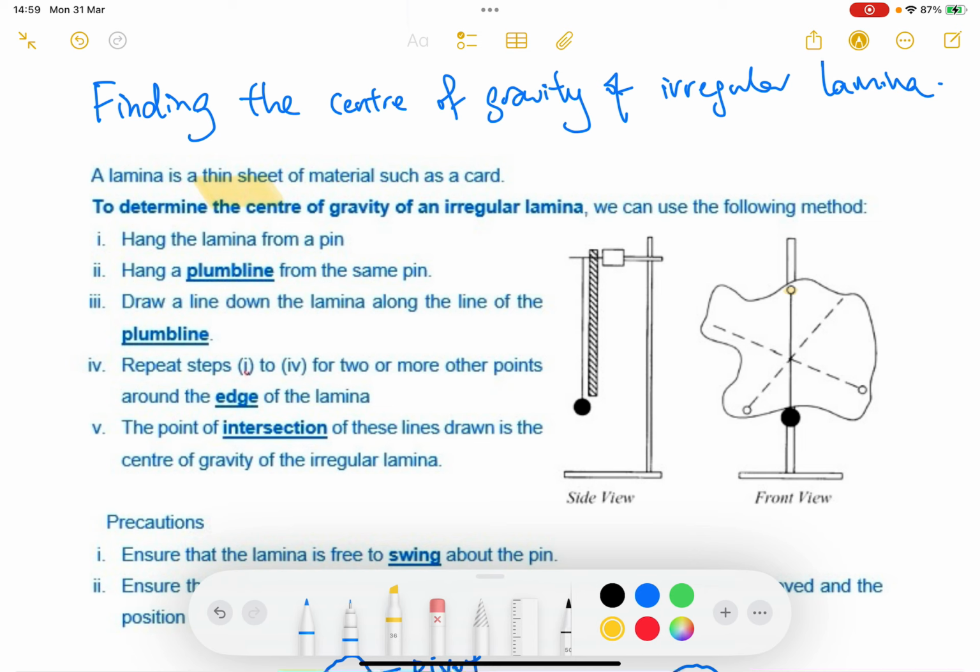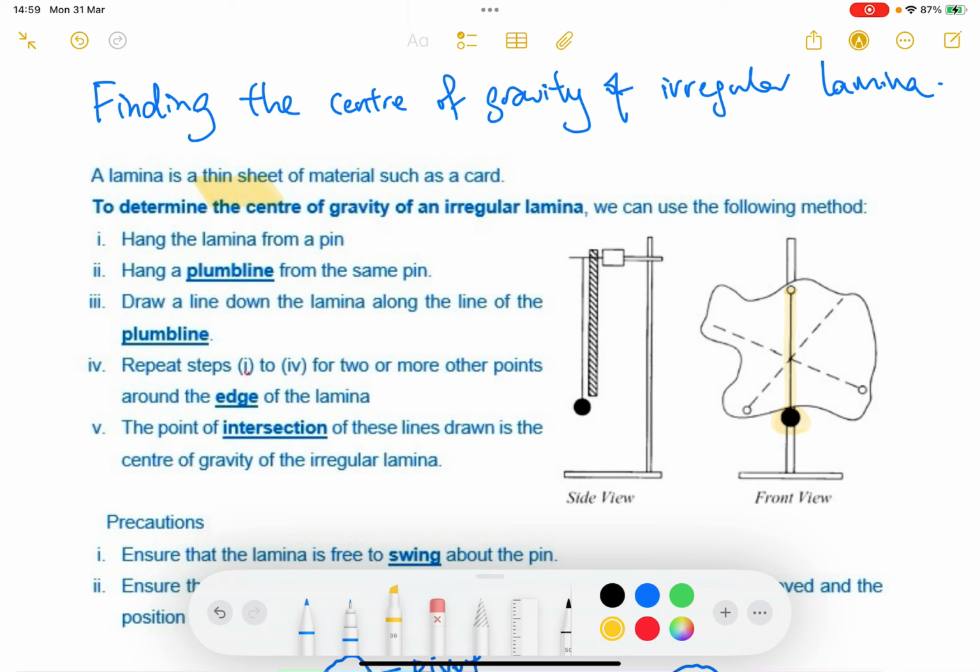Then hang a plumb line from that same pin. A plumb line is basically a vertical line because of the bob at the end. The bob will weigh down that line such that it will always be pointing towards the center of the earth. So it will always be vertical, all right?